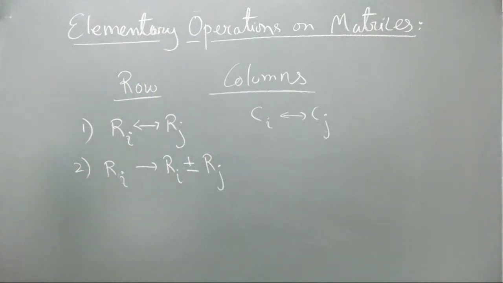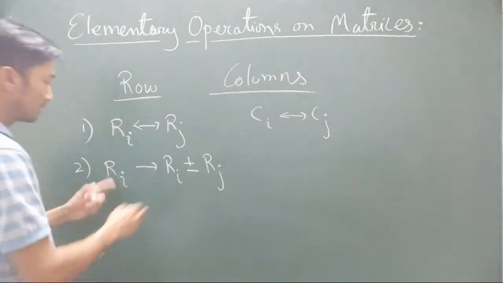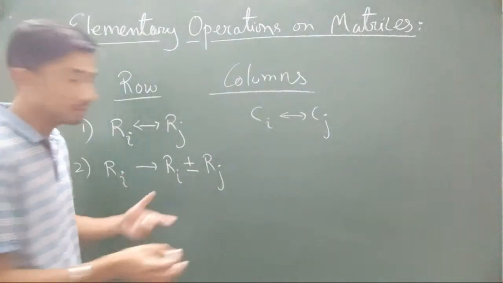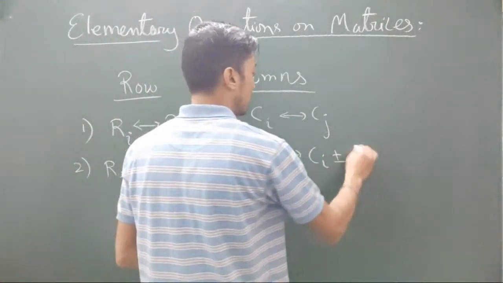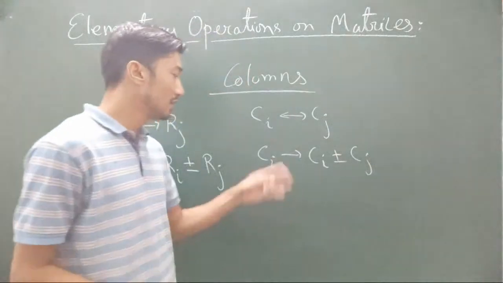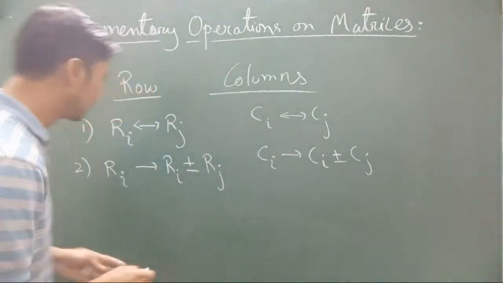That also can be done. I can represent R1 as R1 plus R2. Similarly, Ci also can be expressed as Ci plus or minus Cj. That means for column 1, I can add column 1 and column 2. Don't worry, the value will not change.